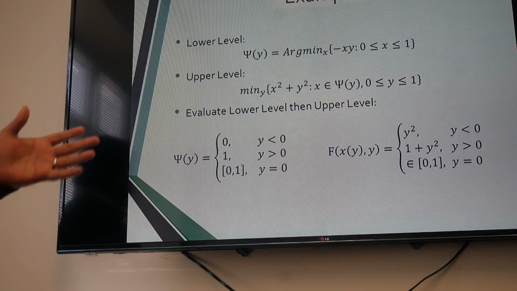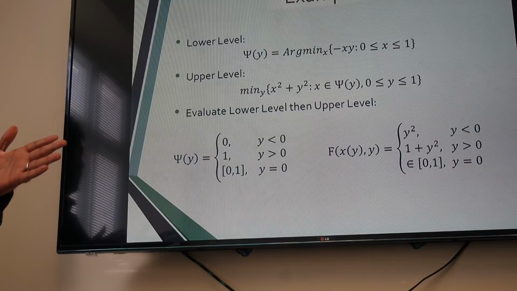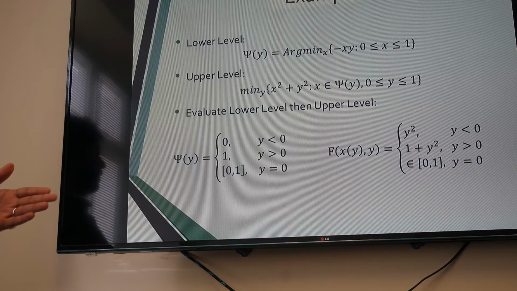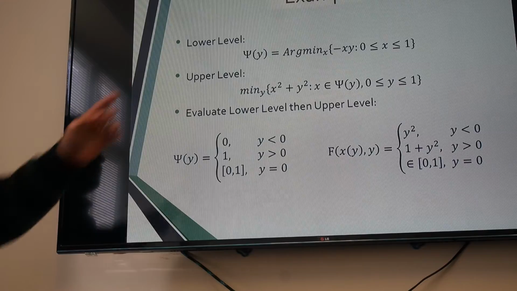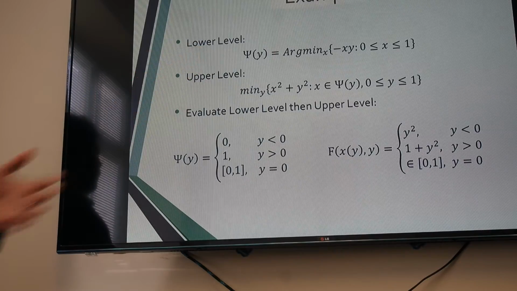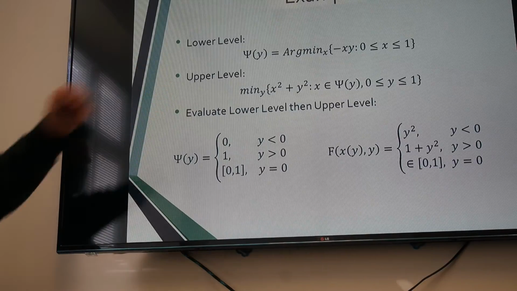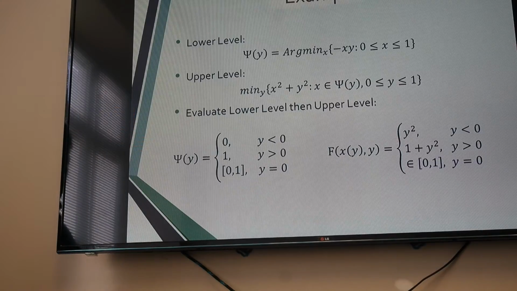So what we do is that we evaluate first the lower level, then the upper level. We determine for each value of y what's the optimal x for that problem, and we keep all those pairs and use them later when we solve the upper level problem. So, isn't it like they are giving more emphasis on the lower level than the upper level?